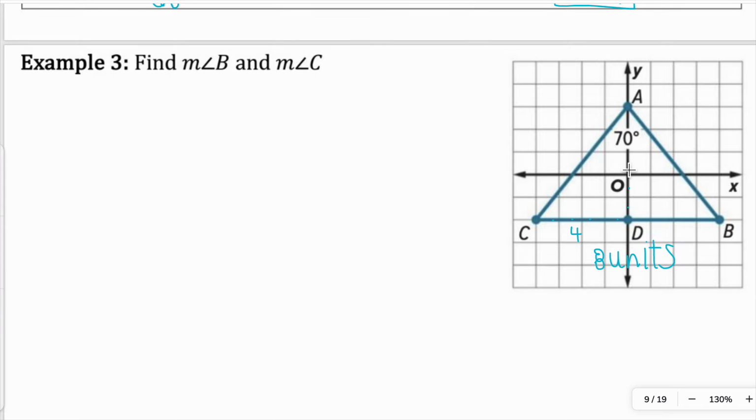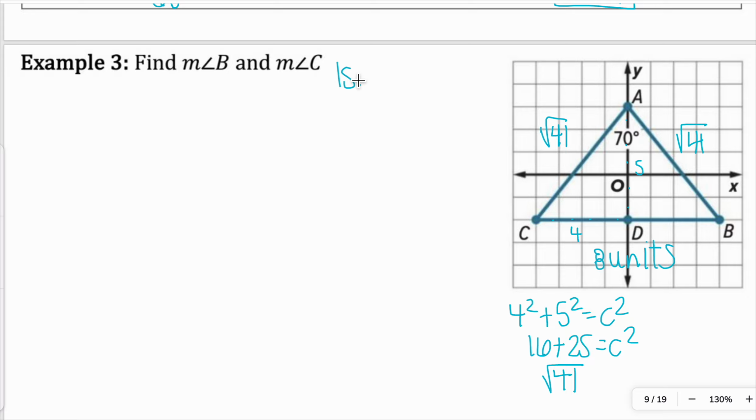And this one's 1, 2, 3, 4, 5 units. So I'm doing the Pythagorean theorem. 4 squared plus 5 squared is equal to c squared, or 16 plus 25 is equal to c squared. So I'm getting 41. So the square root of 41 is AC, and the square root of 41 would also be AB.